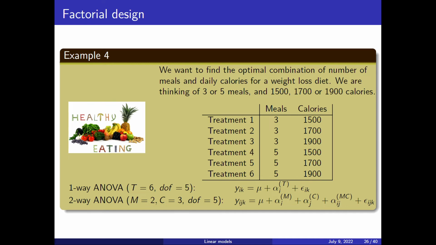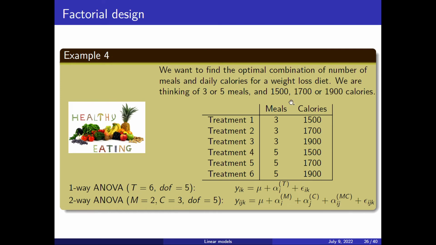The advantage of separating into factors is that you can attribute how much variability each of the factors is having. Let's see an example. Say you're interested in the optimal combination of the number of meals and the daily calories for a weight loss diet.